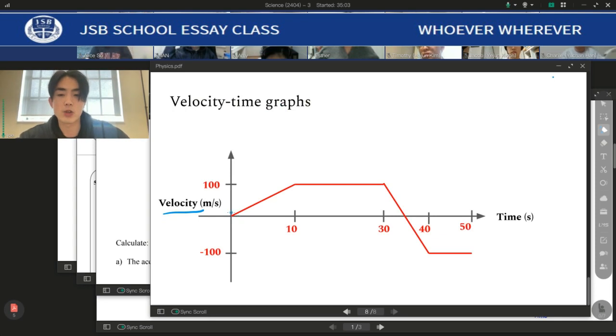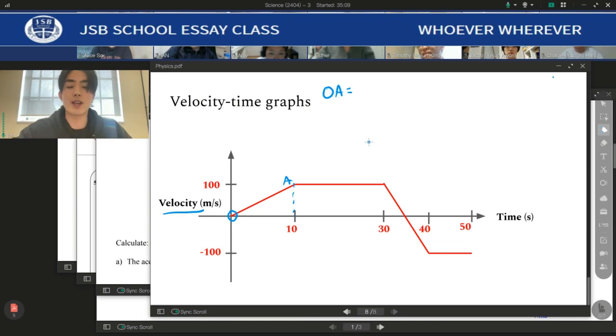Okay, so let's say O to A. Alice, what do you think the distance traveled from O to A is? 100? How did you find 100?